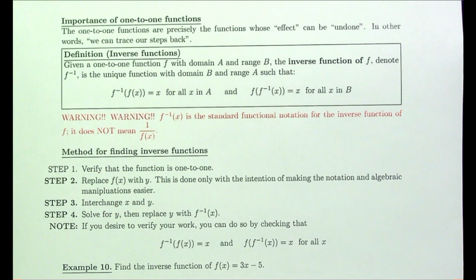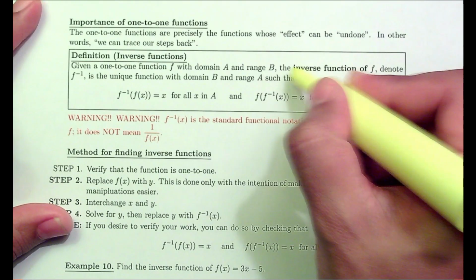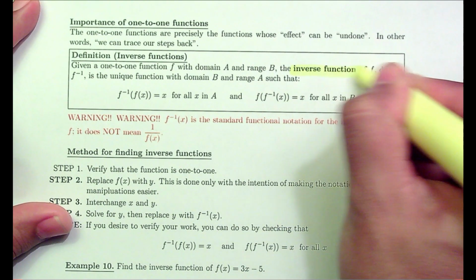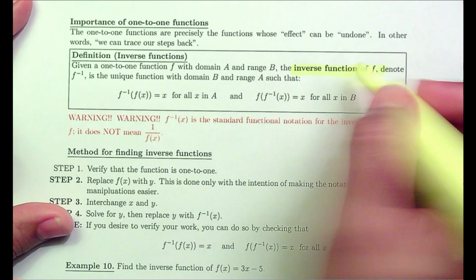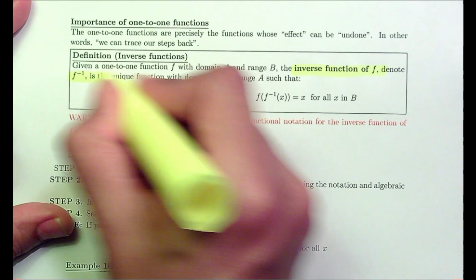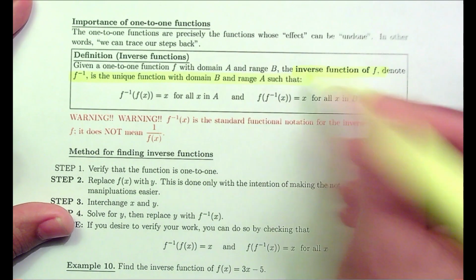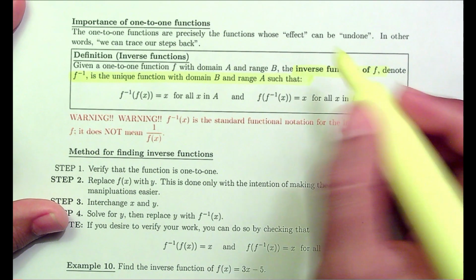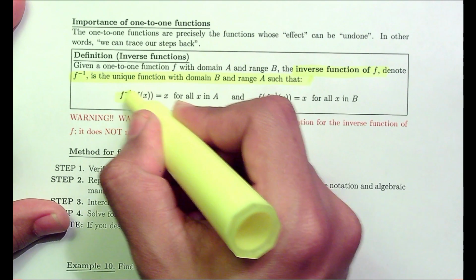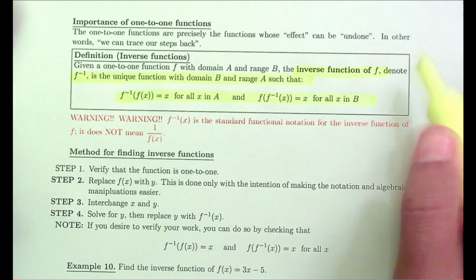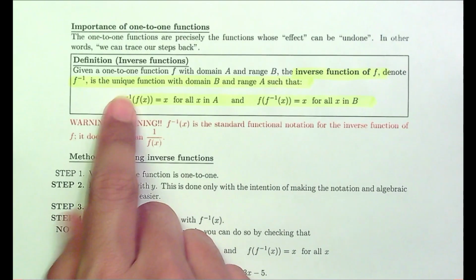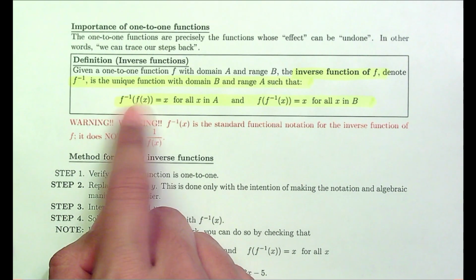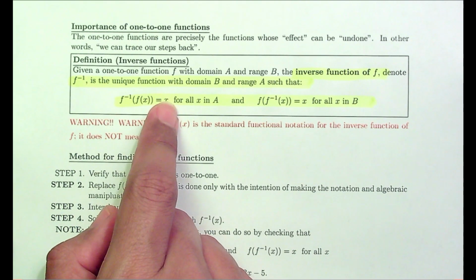So the inverse function is another function called the inverse function of f, and you denote it with f inverse. That undoes everything. So if you start with the output and you apply f inverse, you get the original input.